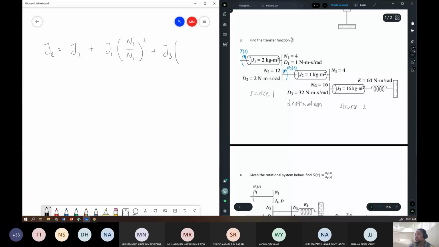In this case, the N destination is N3 and the N source is N4, so N3 over N4 squared. Then we can calculate the J equivalent.